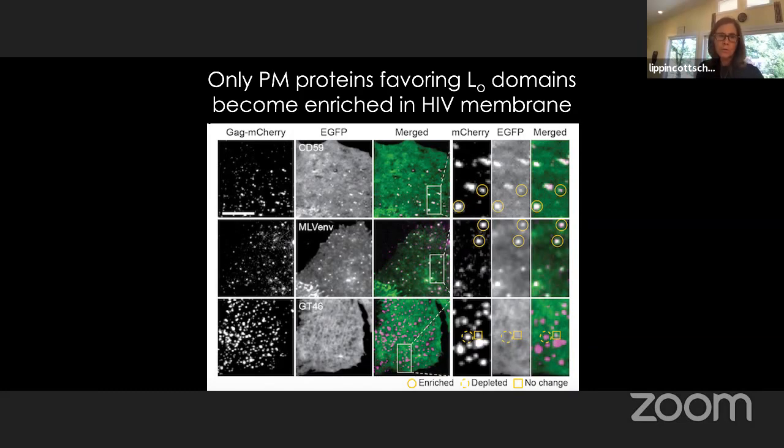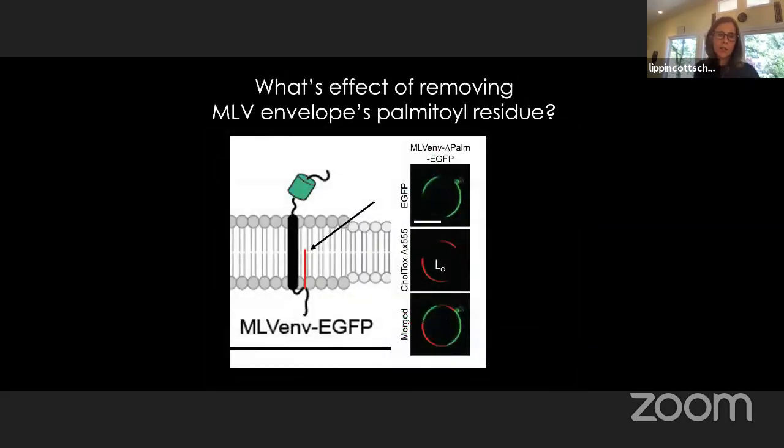So in order to further query this simple hypothesis, that the way proteins get into this viral particle is simply by phase partitioning, we decided to test the effect of removing the envelope's palmitoyl residue. We just get rid of this palmitoyl residue.